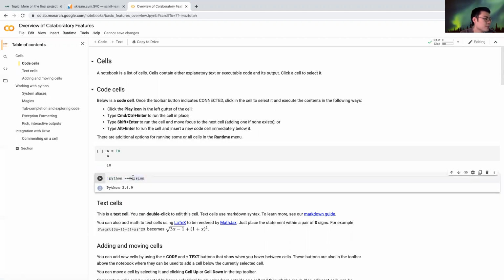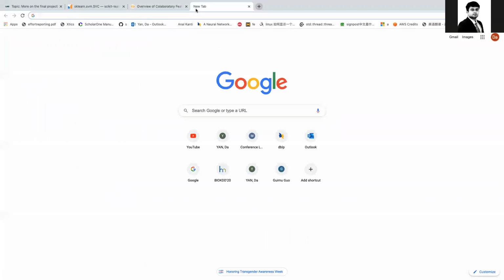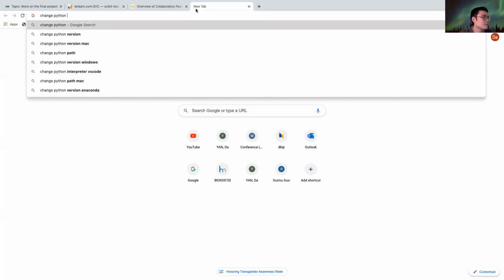You want to downgrade it to, basically, 3.4. As per Matterport, it's 3.4, right? So, change Python version.